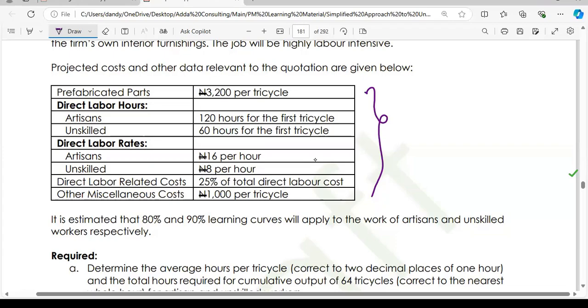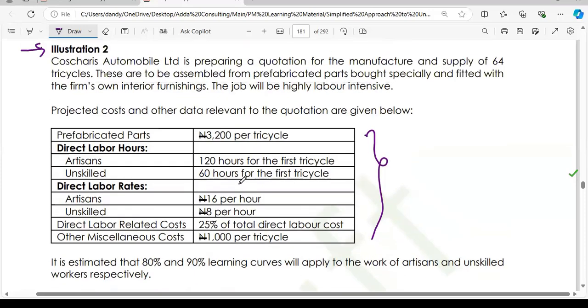Okay, now without wasting time, I'm at liberty. I can either use the tabular method or the algebraic method. For me to be able to use the tabular method, I must ensure that the output in the first batch, the first tricycle produced, according to the question, you are told that for artisan, 120 hours for the first tricycle.